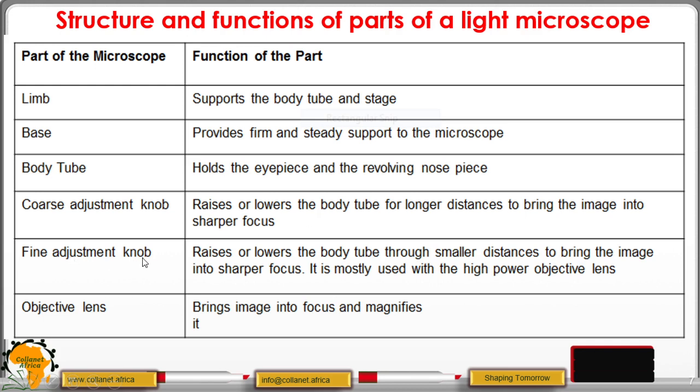The fine adjustment knob raises or lowers the body tube through smaller distances to bring the image into sharper focus. It is mostly used with the high power objective lens. The role of the objective lens is to bring the image into focus and magnify it.